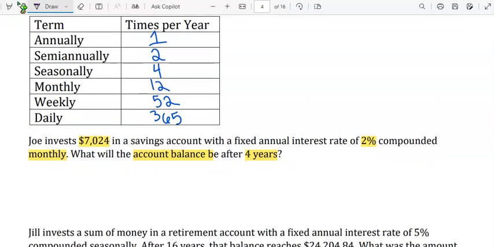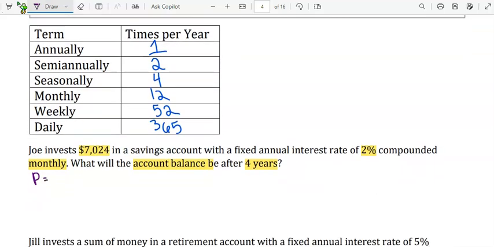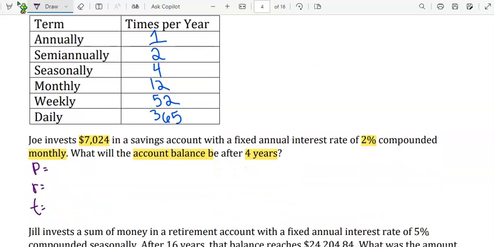You want to list out each of the variables on these problems. We want to find P, the principal amount, R, the interest rate, T, the time in years, N, the number of times it's compounded, and then A, the current account balance.